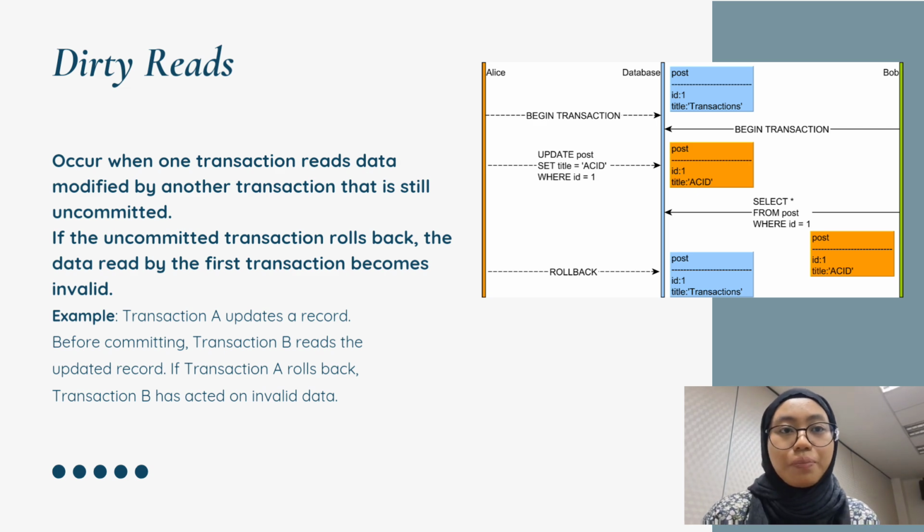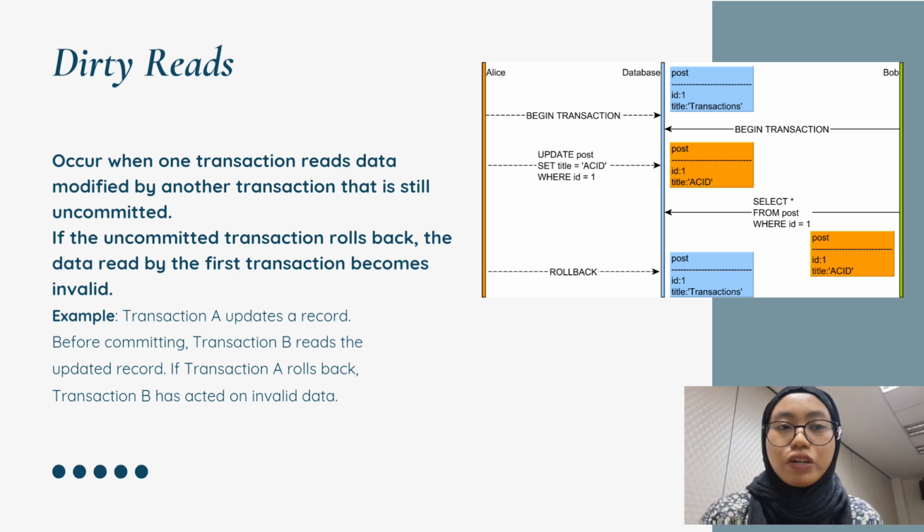Okay, for example, dirty reads, which can occur when one transaction reads data modified by another transaction that is still uncommitted. If the uncommitted transaction rolls back, then the data read by the first transaction becomes invalid. For example, transaction A updates the record.